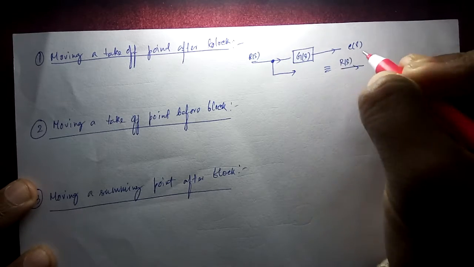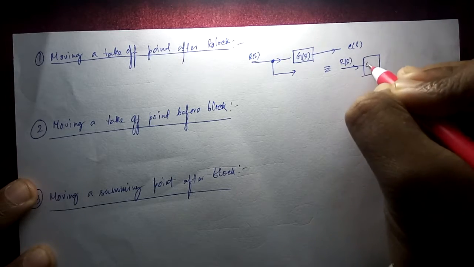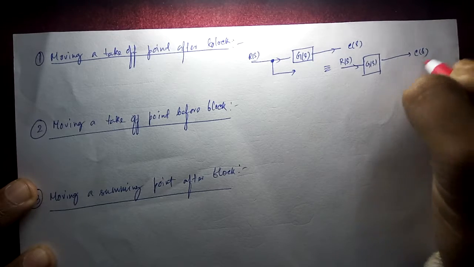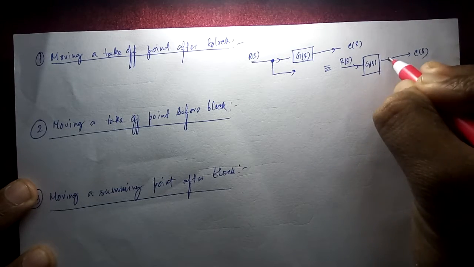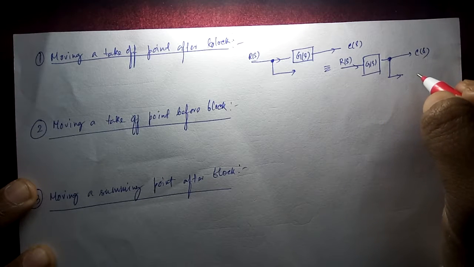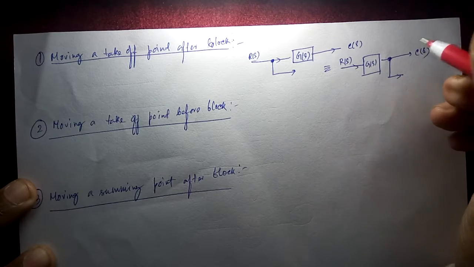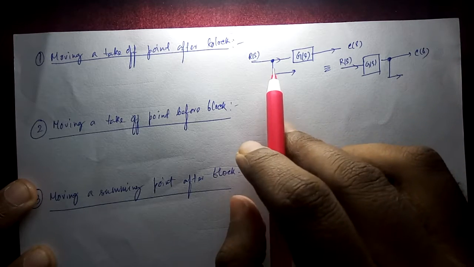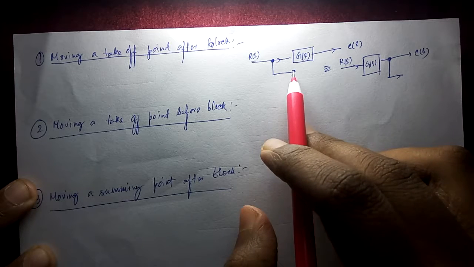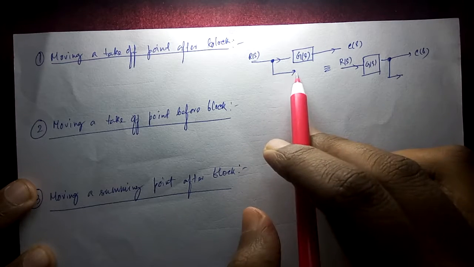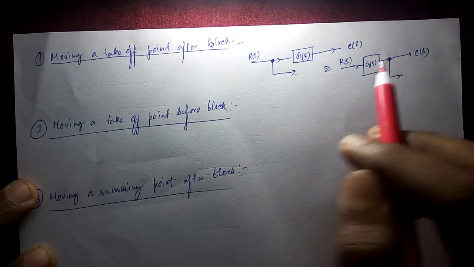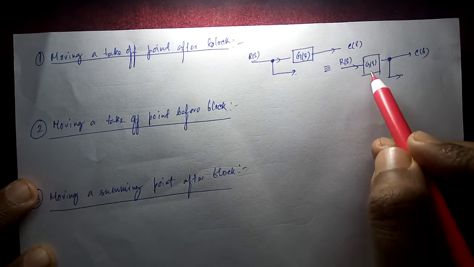We take the input, the block G(s), and the output, and from here we take the takeoff. But if we take the takeoff before, then R(s) should come from here.